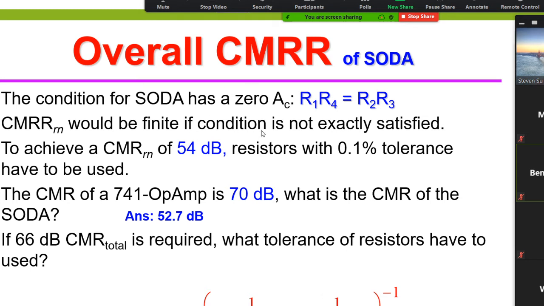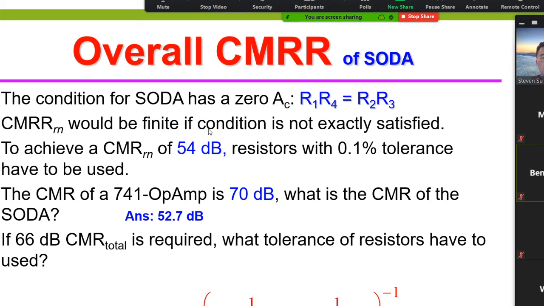This is an example to calculate. For example, if you purchase an op-amp, and the op-amp has a CMRR of 70 dB.